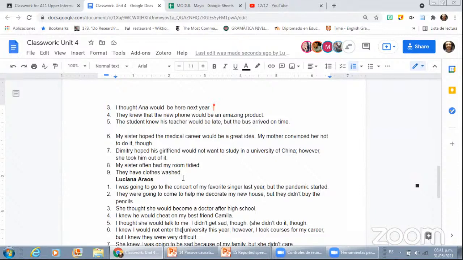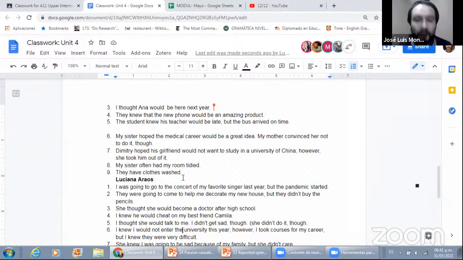Okay, my sister often had my room tidied. They have clothes washed. Okay, clothes, right? Now, on the second one, perhaps let's check. They have clothes washed. Good, that's great. But sometimes that word clothes is too general. Perhaps you can add something to make it more specific. I would recommend adding any of these.